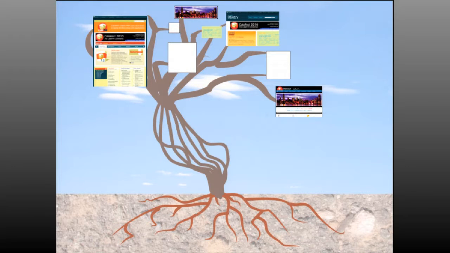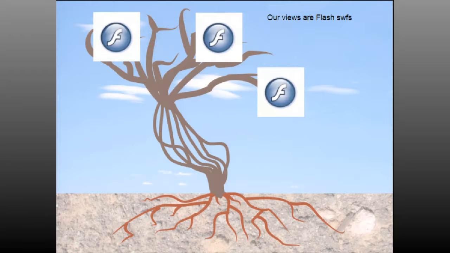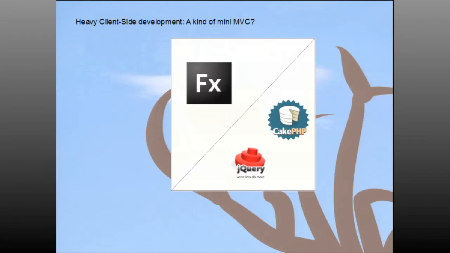We're done there, but in our examples here, instead of the Cake JavaScript code, we're going to be using Flash objects for the view generated from Flex. So that's what our view code is going to be. Now, like I said before, heavy client-side development of any kind, Flex or CakePHP, JavaScript, is kind of like a mini MVC.